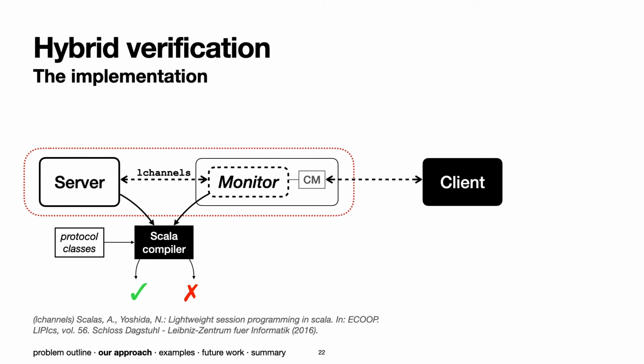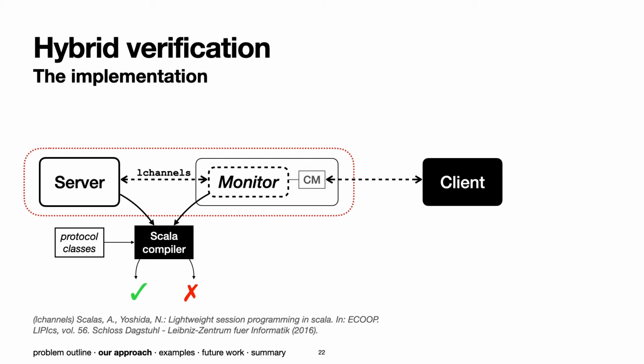These protocol classes serve as a representation of the protocol within the Scala programming language. The interaction between the server and the monitor is handled through a Scala library named lchannels, which, given the implementation of the dual participants and the protocol classes synthesized by the synthesizer, leverages the Scala compiler to ensure that the participants follow the protocol.